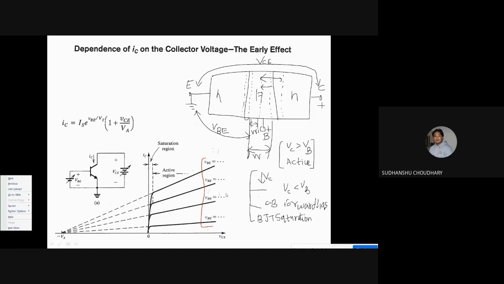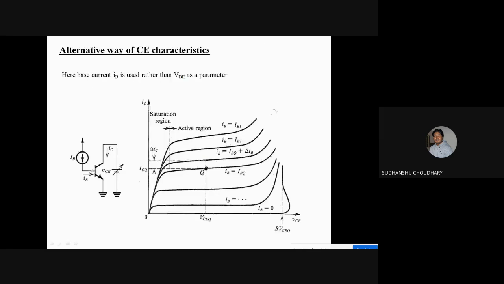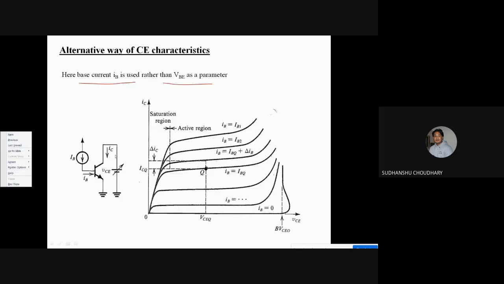The alternative way of this common emitter characteristics would be that you use base current IB instead of base to emitter voltage as a parameter, right? In the previous picture, the base to emitter voltage was varying, but the alternative would be to consider the base current instead.